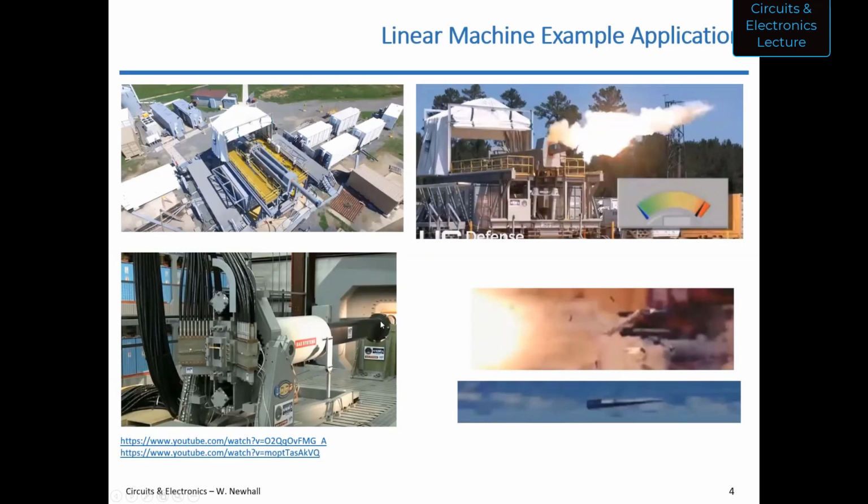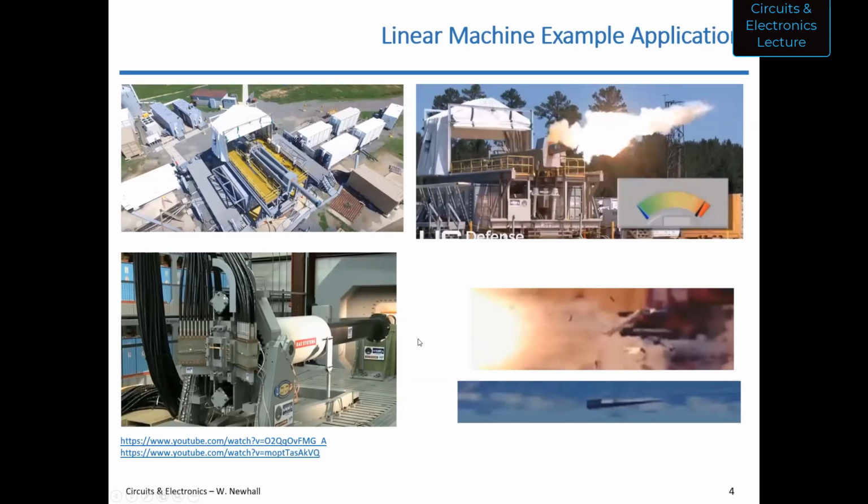But this is a direct application of IL cross B. You have a big magnetic field. You have a lot of current flowing through a projectile carrier, and that causes a big force. And that big force launches something. So that's probably one of the few examples I can think of of a linear machine: a railgun.